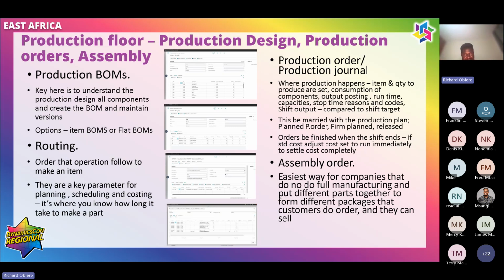That is assembly. But if you're buying a particular sheet of metal, cutting it into particular pieces, and then transforming that part to actually create the cooking pot, that is production. So you need to know when to use the two features.